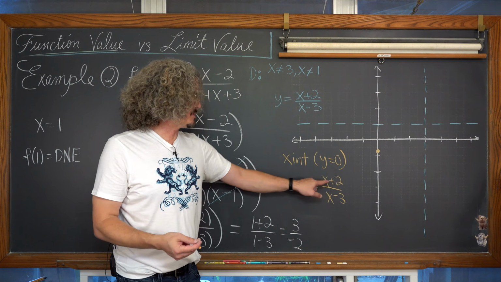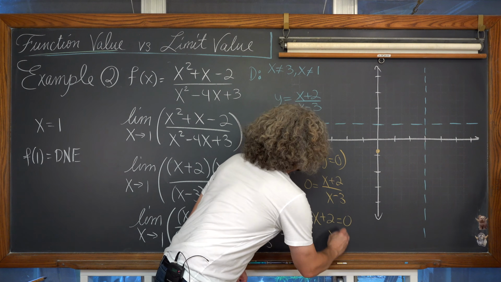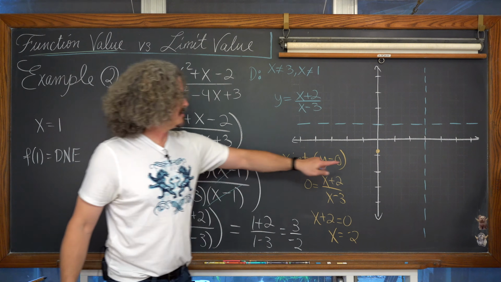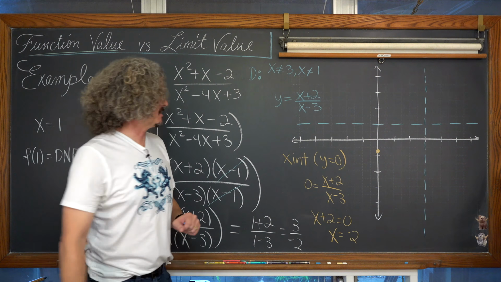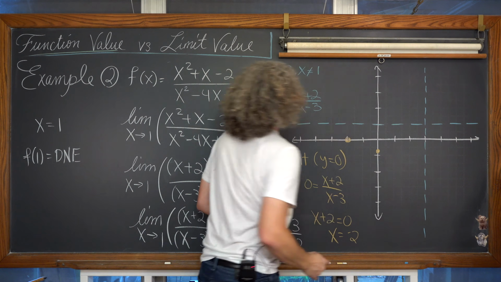And the numerator, which is x plus 2, is going to be equal to 0 when x is negative 2. So we have a y-intercept of negative 2/3 and an x-intercept of negative 2. And there's no other intercepts along the x and y axis.